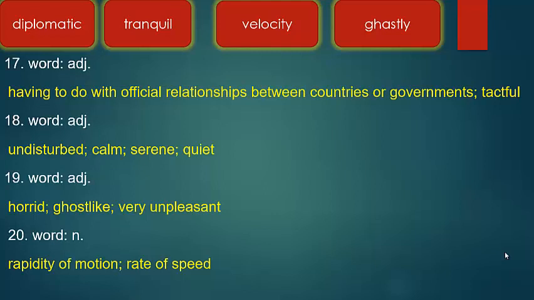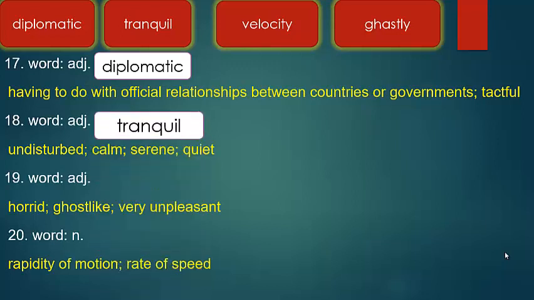It's an adjective: diplomatic. 18. An adjective: undisturbed, calm, serene, quiet. Tranquil. 19. Adjective: ghastly, horrid, ghost-like, very unpleasant.